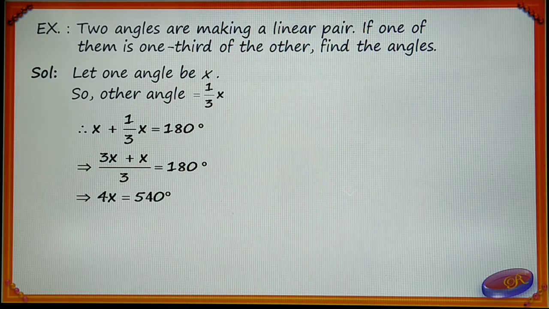This implies 3x plus x, 4x. When you cross multiply 180 degree into 3, you will get 540 degree. Therefore, 4x is equal to 540 degree. This implies x is equal to 540 degree divided by 4 is equal to 135 degree.